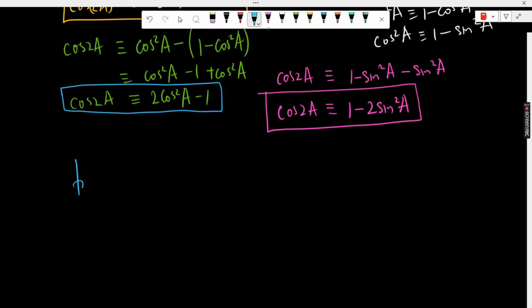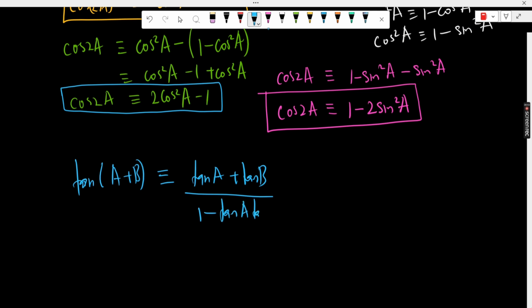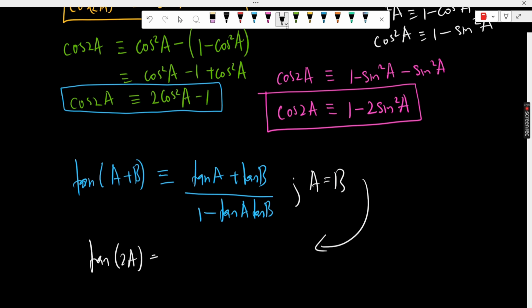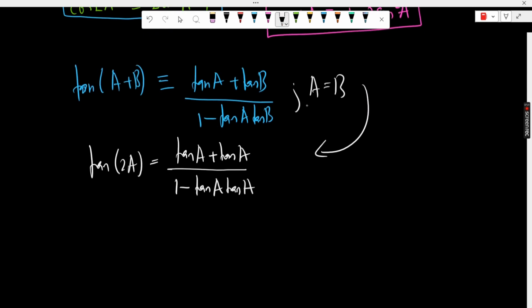So we have tan of A plus B is equivalent to tan A plus tan B over 1 minus tan A tan B. And so therefore, when A equals B, what we get is tan 2A is equal to tan A plus tan A over 1 minus tan A tan A. We can simplify that, and so we get tan 2A is equivalent to 2 tan A over 1 minus tan squared A.